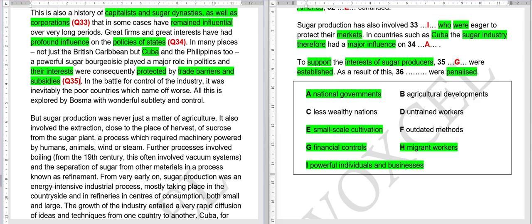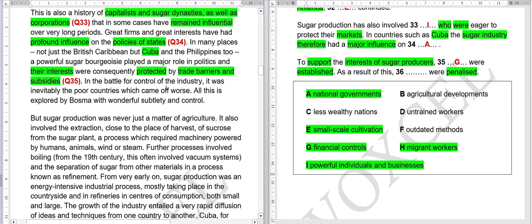So because big organizations have all the leeway in the world they want, because governments do whatever they want to make it easy for them to do business, something like that. So that's what has been written here. Let's see. As a result, dash were penalized.